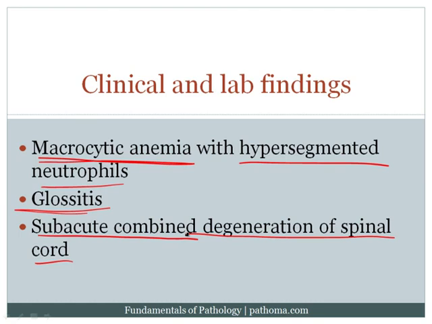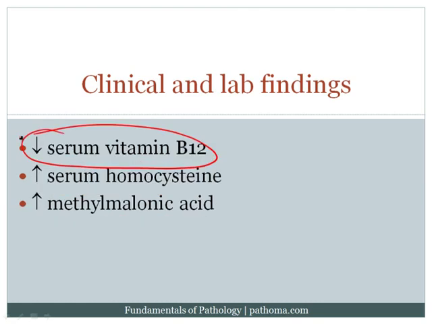It's very important to remember that vitamin B12 is associated with this neurologic finding and that this finding would not be seen in folate deficiency. Laboratory findings would include a decrease in serum vitamin B12. In addition, there would be an increase in serum homocysteine. Same concept. If you have tetrahydrofolate, which is folate that comes into the body, it quickly gets methylated.